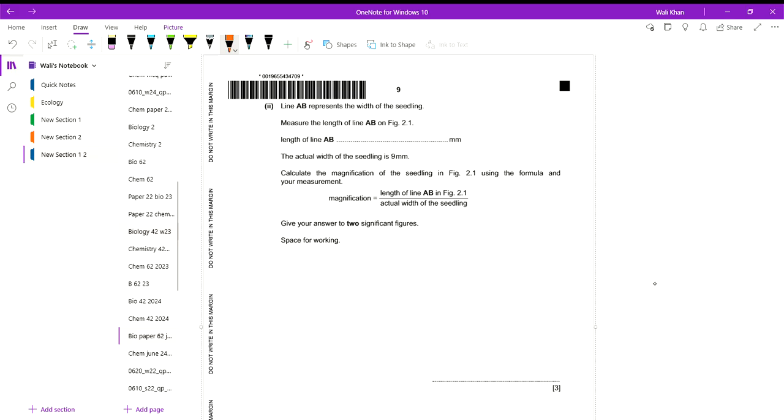It is about 31 plus or minus 1 mm. The actual width of the seedling is 9 mm.